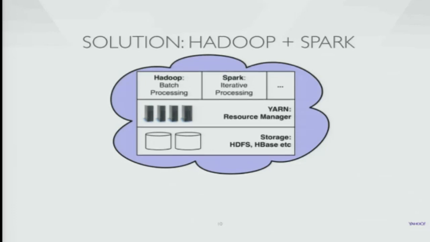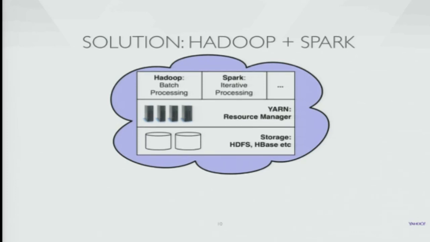Both the Hadoop job and the Spark job are going to be executed in a single cluster, and they will be allocated resources by our preferred resource manager, YARN. And both will have access to the same set of data resources.